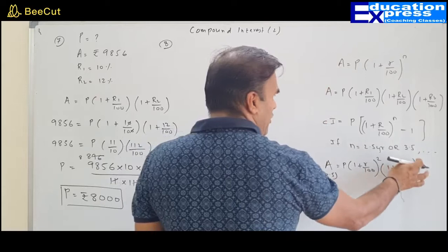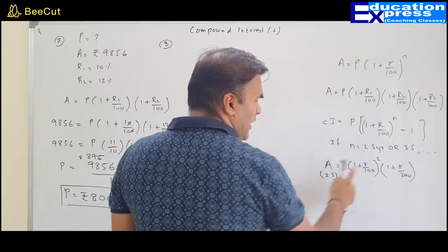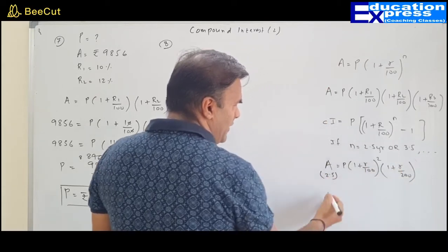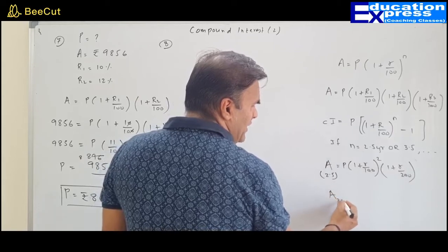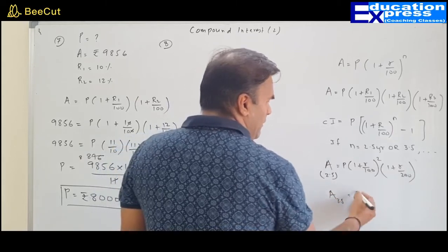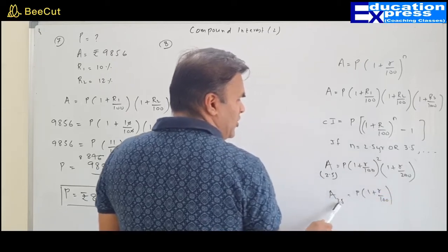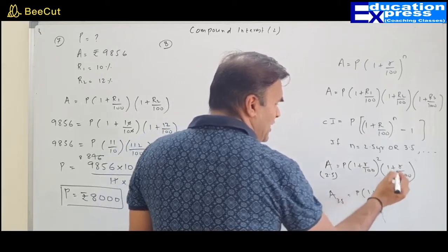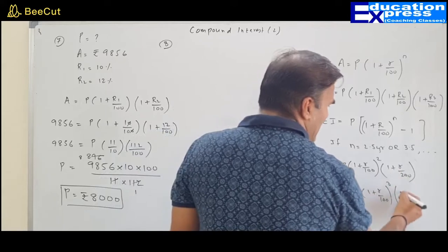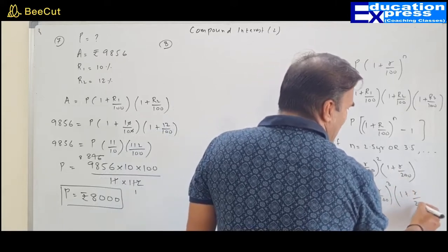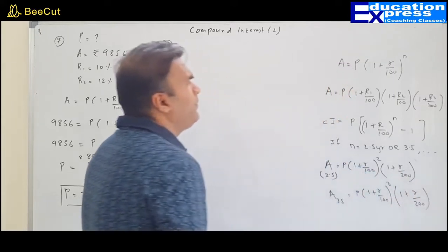Even if you do not write it, that's okay. So 2 years, and this is for the half year. What about 3.5 years, sir? P into 1 plus R upon 100 raised to 3. So we take 3 years, the remaining half year is stagnant, R upon 200. That's it.